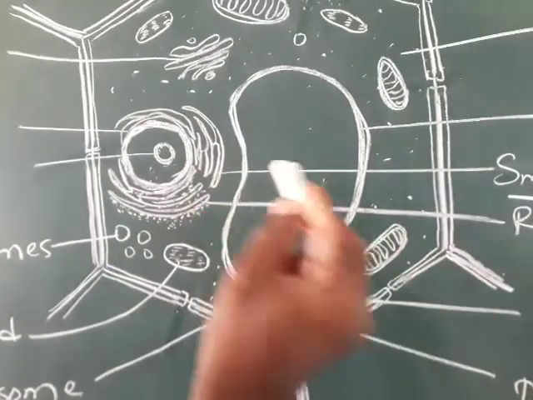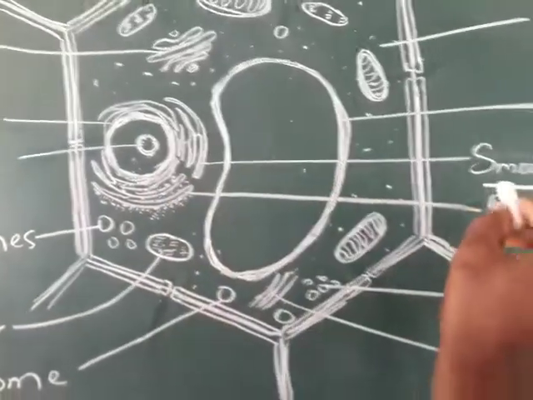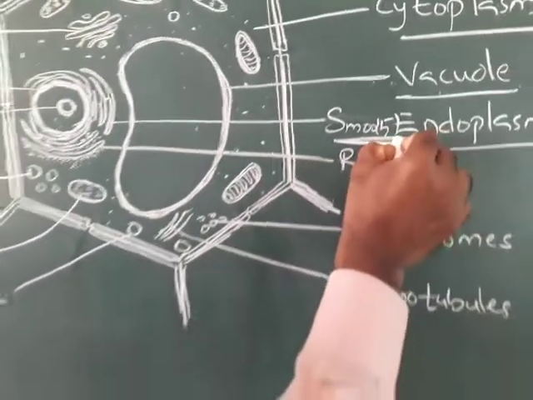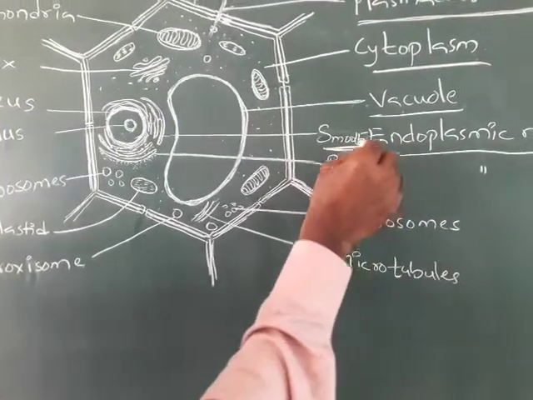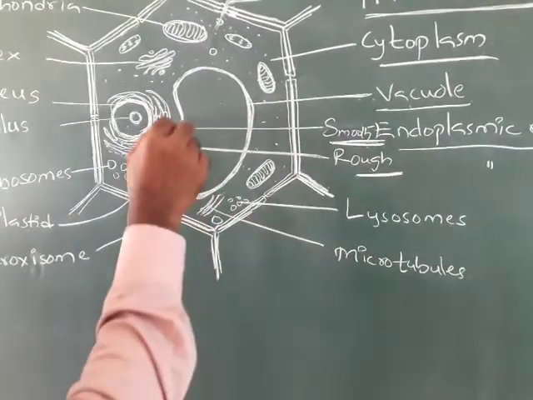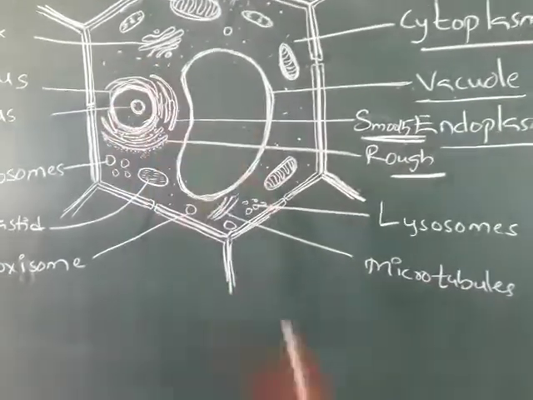Where they are absent, it is called the smooth endoplasmic reticulum because the ribosomes are absent.